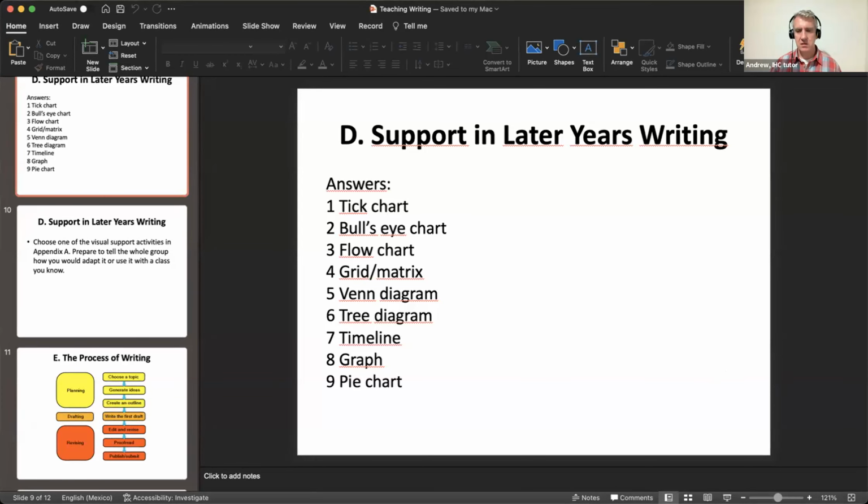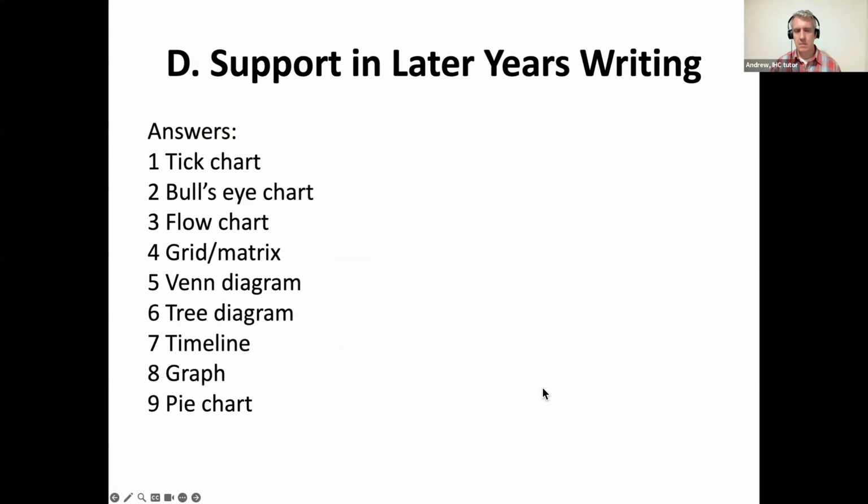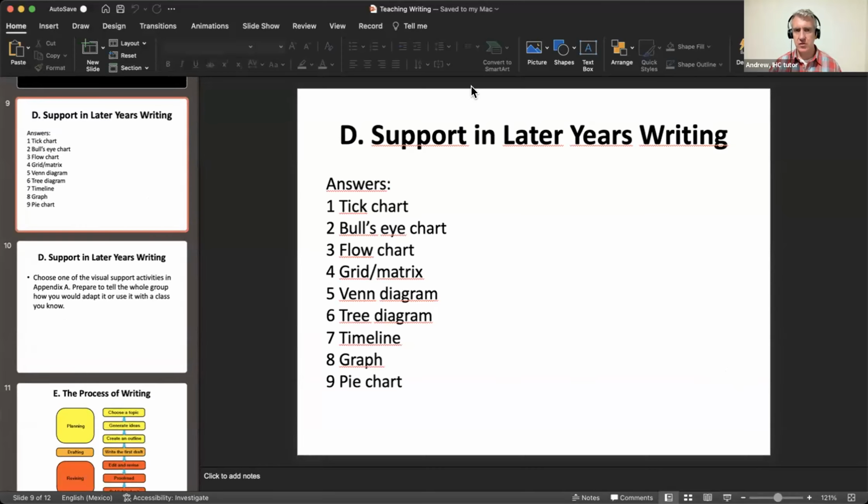These are the answers. Let's move on to process of writing.